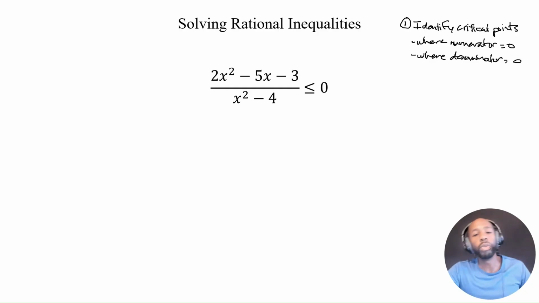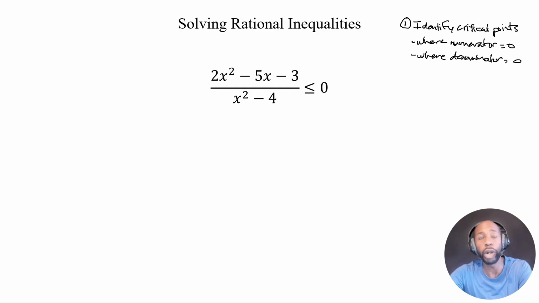And I'll also say this too, we're going to need to factor this as well, which you'll see. But specifically, where the numerator is equal to 0, that identifies basically roots, you know, roots.